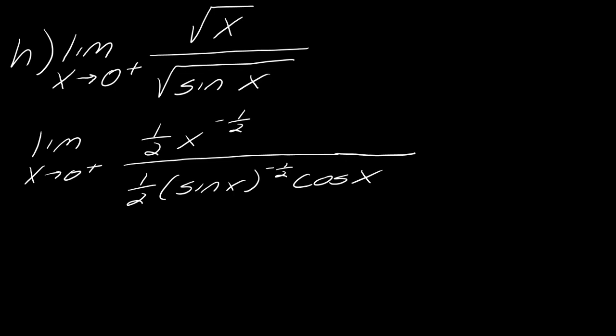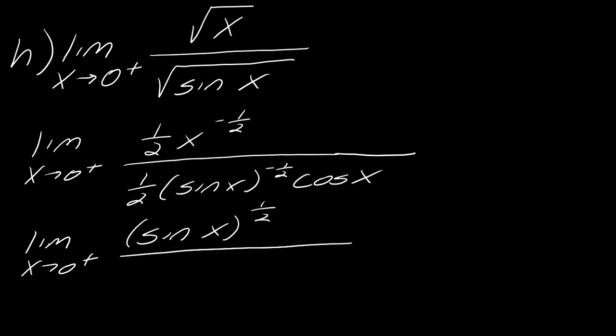Okay, so if I try to simplify all of this, this is going to turn into the limit as x approaches 0 on the right of the sine of x to the 1/2 over now x to the 1/2 cosine of x. All right, so you want to think critically every time you take these derivatives.